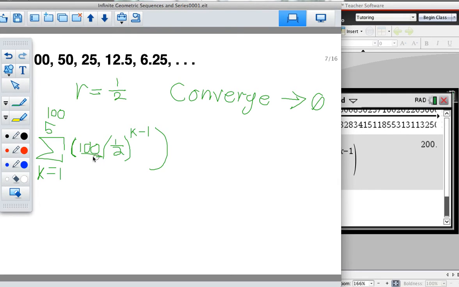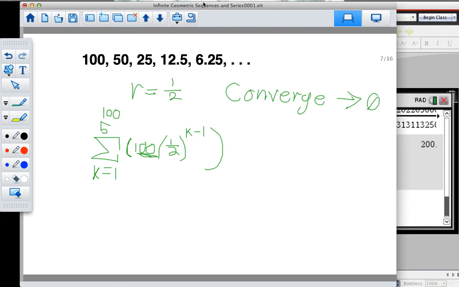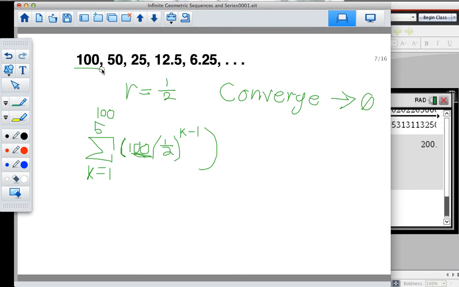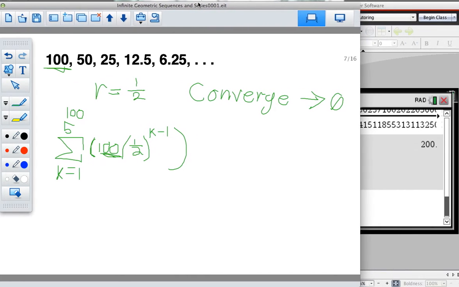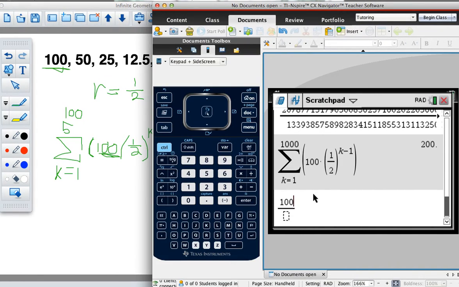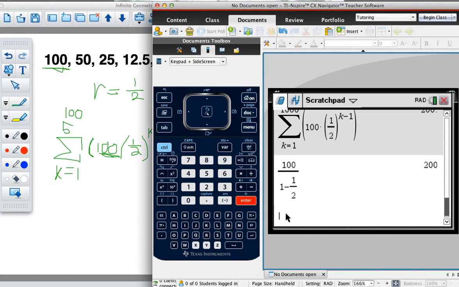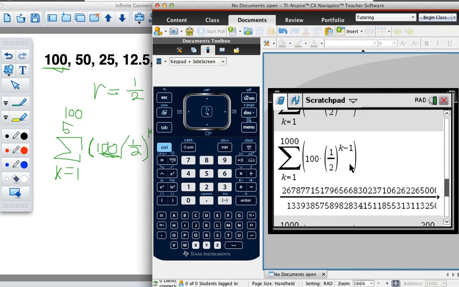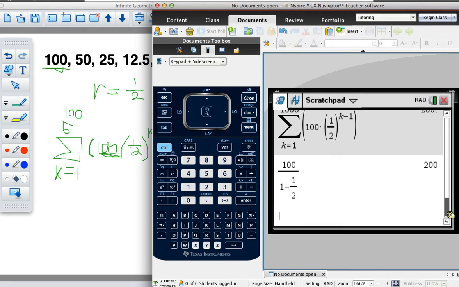You could also see it right there, a sub 1. It was hiding. So we have a sub 1 divided by 1 minus our rate, and in this case the rate was 1/2, and we push enter and look, it's 200. So whether we use these series formulas with huge numbers, or we use the infinite geometric series formula, we still get the same answer.